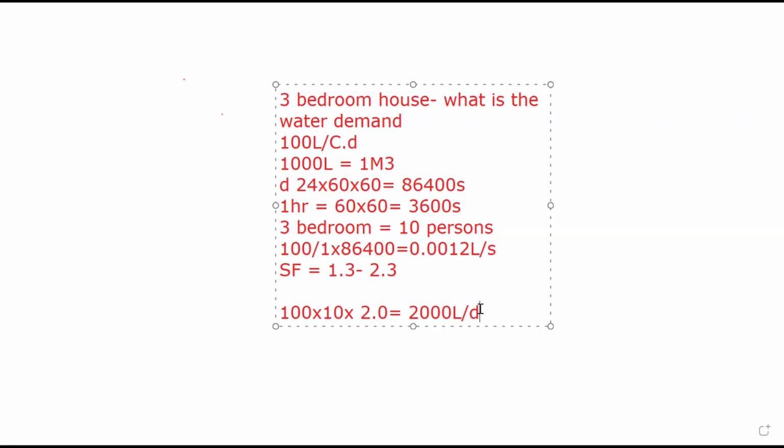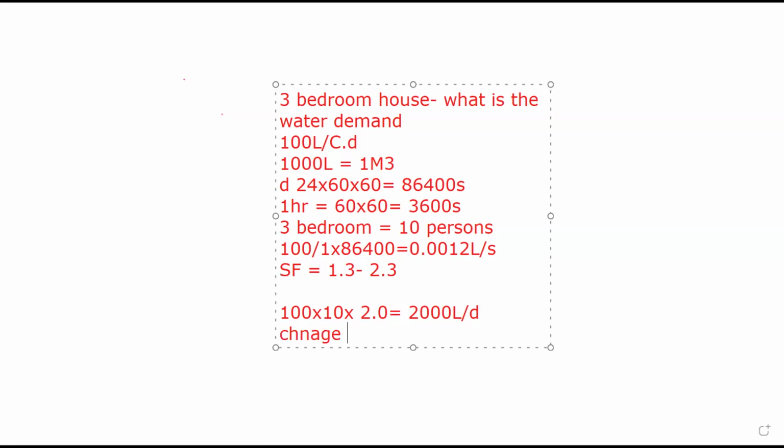So here again, this is what we need. If I now want the pipe size that will deliver this quantity of water, then I need to reduce it to liters per second. That is what we use in our design.